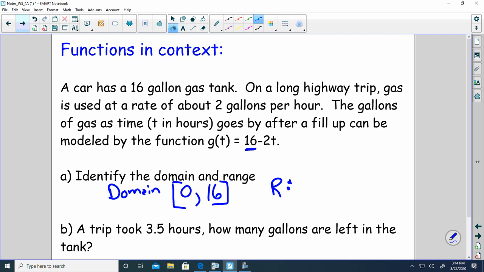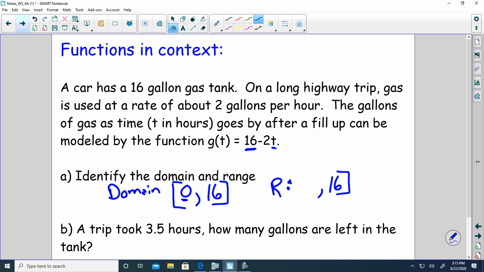Okay, and then the range you have to think about. Let's take the domain and plug it into our actual function itself. If I take 0 and plug it in for t, I get 16 minus 0, so 16 minus 0 is 16.